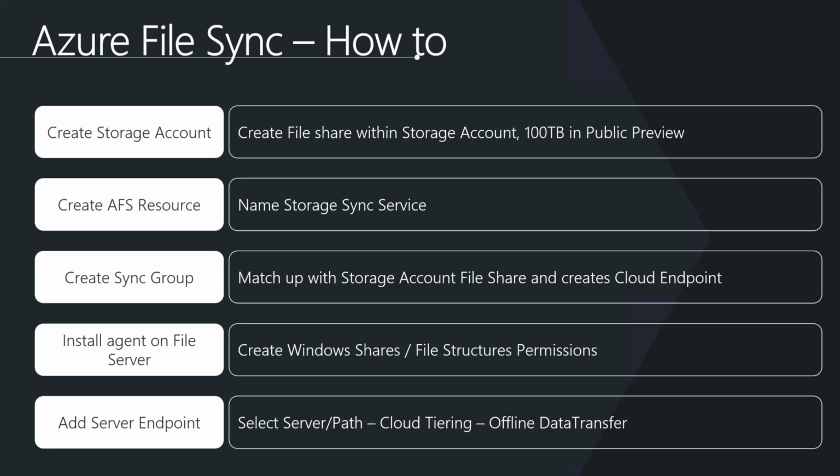Because what I'm going to do then, as the next step, is go into the Azure portal and add an endpoint, and it's going to say, okay, the cloud endpoint is the share that you created in Azure called share one, and I'm going to say, right, and that's going to match up with my D share one folder on the file server on premise. And it is that easy. You don't have to worry about deploying templates or doing anything on the command line like Chris says. You can do it all through the GUI. It's very simple to do.